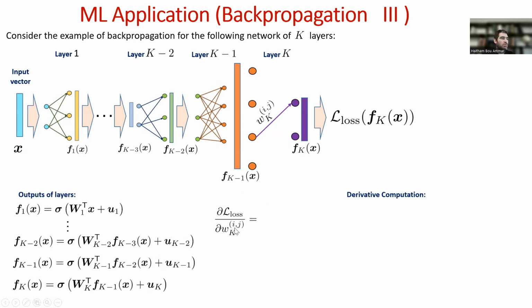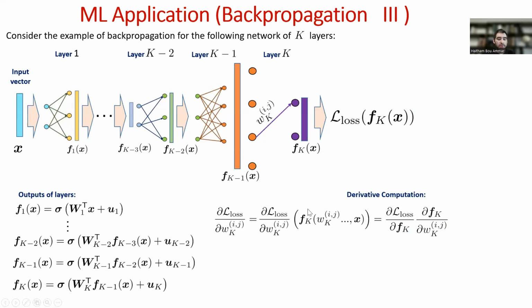In order to compute that derivative, we need to compute the derivative of the loss function, and that loss function uses as an input the output of that layer, fk of x. And that output is itself a function that depends on the parameter with respect to which we want to compute the derivative, because this parameter is an entry of the matrix Wk.